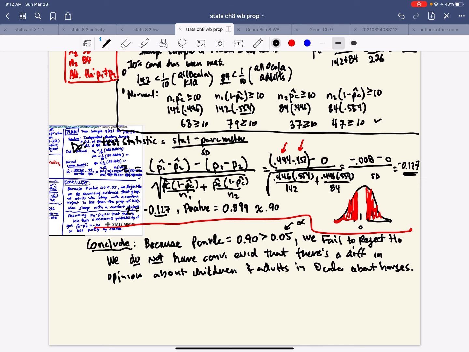Okay. Now the last little bit, I haven't been a stickler about grading this, but it is nice for a complete conclusion. If we're using our notes as well, we notice it says, what does this p-value mean?